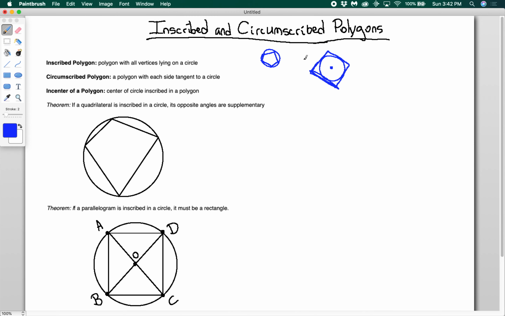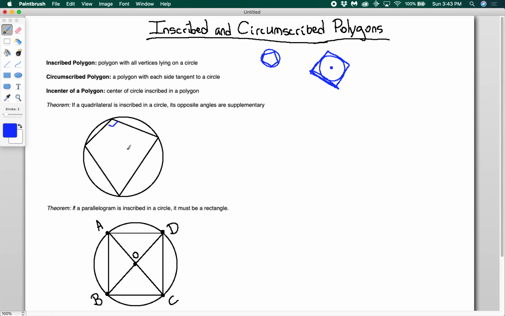The first is that if a quadrilateral is inscribed in a circle, its opposite angles are supplementary. And the reason for that is because if we look at two arcs, let me draw this correctly.